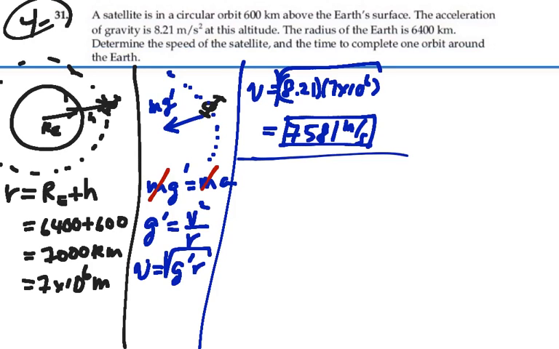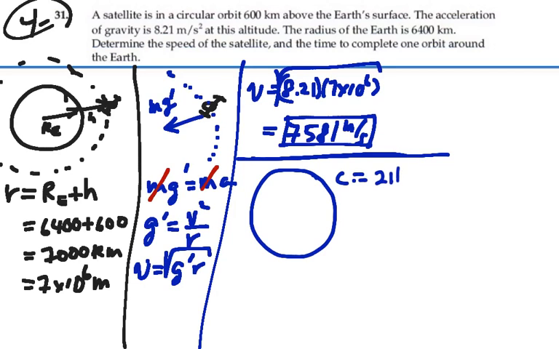So we also want to find the time that it takes to complete one orbit. Well, if we're going around this circle like this, the circumference is going to be equal to 2 pi r, and hence our velocity times the time will equal the circumference.